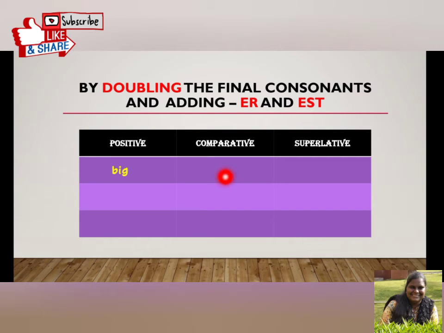Big becomes bigger and superlative biggest. As you can see, G is doubled and then we have added ER. And in the superlative degree, G is doubled and then we have added EST. Thin becomes thinner, thinnest. Hot, hotter, hottest.